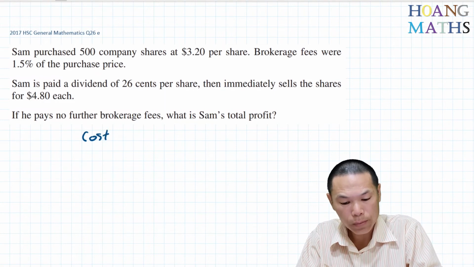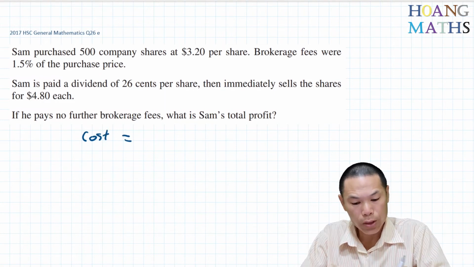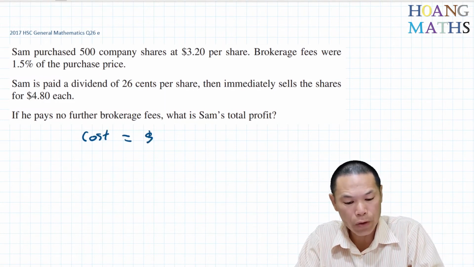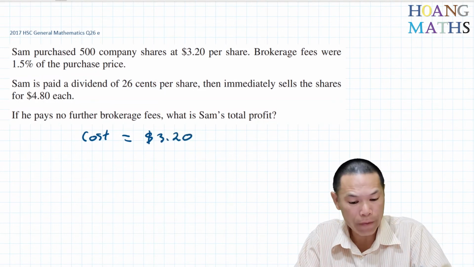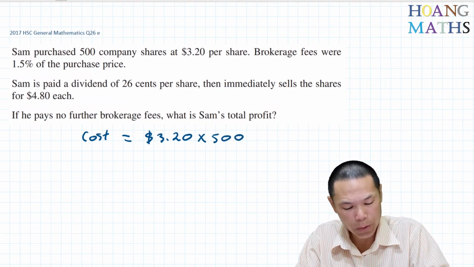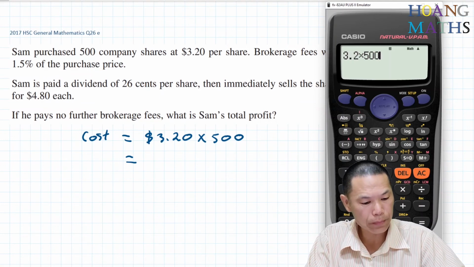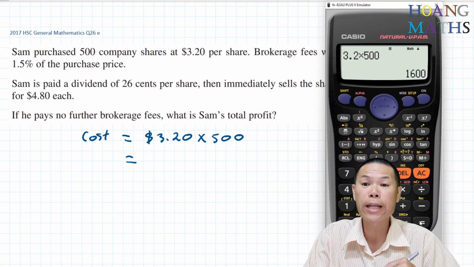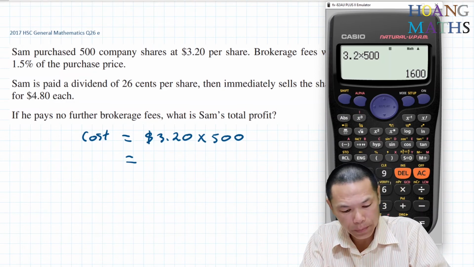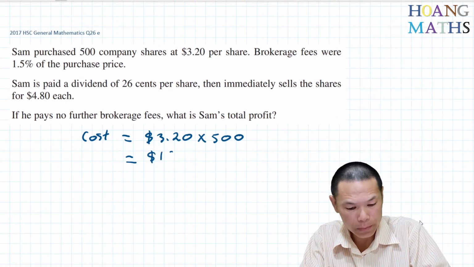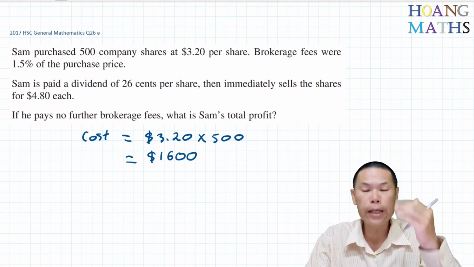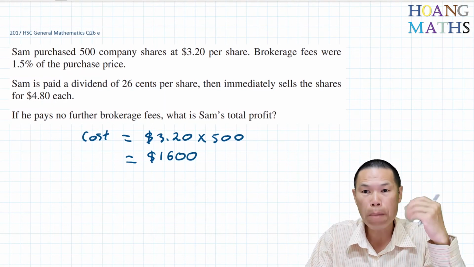Cost is equal to, so for each share he paid $3.20, and then he bought 500 shares, so just times by 500. So I just go 3.2 times 500, so that is $1,600. That is how much he needs to pay for buying his shares.